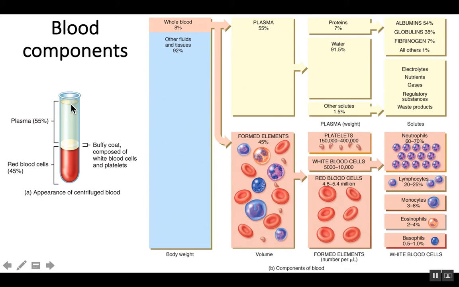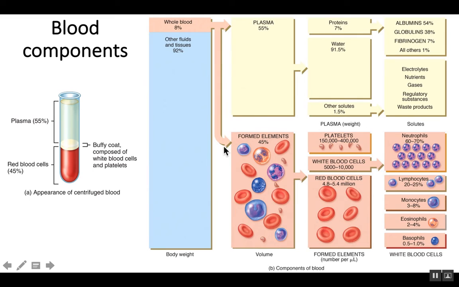So notice some numbers. About 55% of whole blood is liquid plasma. 45, or just above 45, are red blood cells, but also the formed elements, which include not just the red blood cells, but also white blood cells and platelets. So if we look at the chart, we see here we've taken the plasma, 55%, and then we can separate it out further.